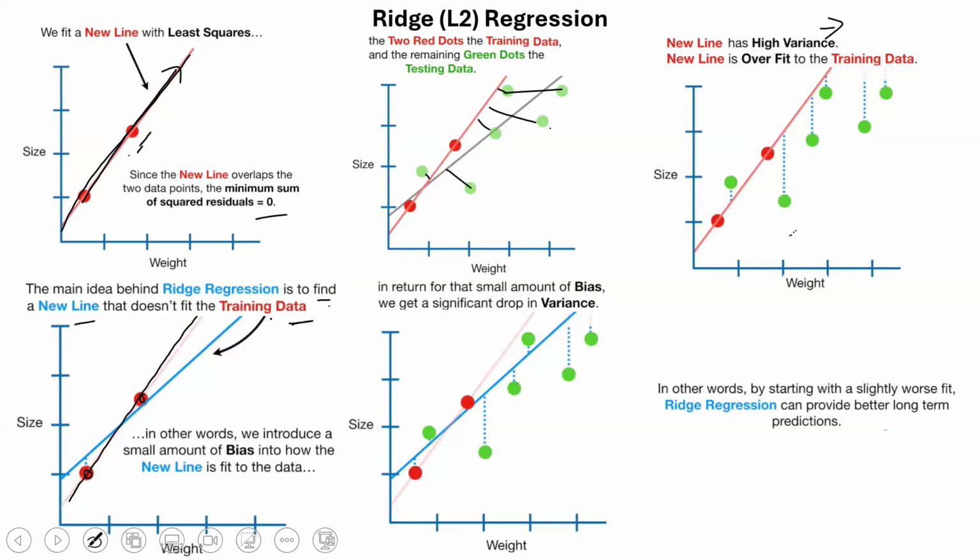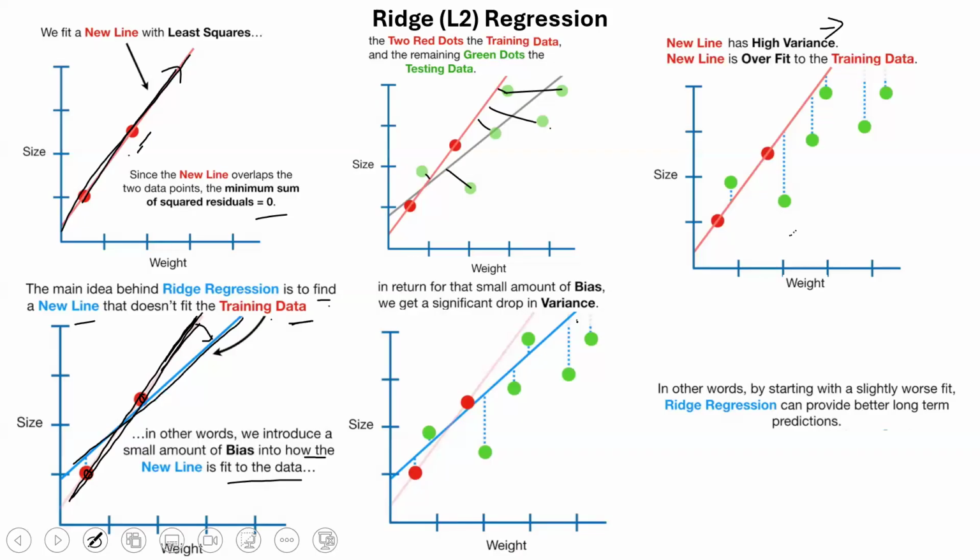But ridge regression will add a small bias to that line, so that it reduces the variance. In other words, we introduce a small amount of bias into how the new line fits the data. When you're not adding any bias, this is the optimal line that the model gives you. Once you add the bias, the line slightly rotates.